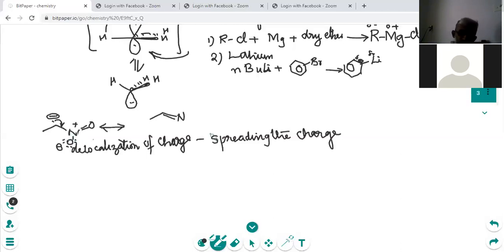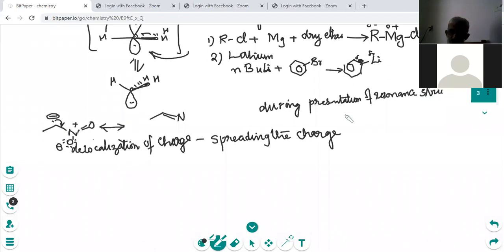So during the presentation of resonance structure, a sigma bond should not be broken.